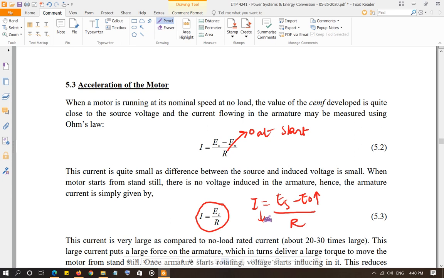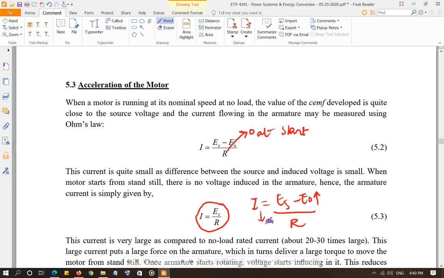So when you have no load connected, then it will keep on accelerating. E naught will keep on increasing, I will keep on decreasing, force will keep on decreasing until it's rotating at a rated no load speed. At that time, ES and E naught are extremely close to each other.